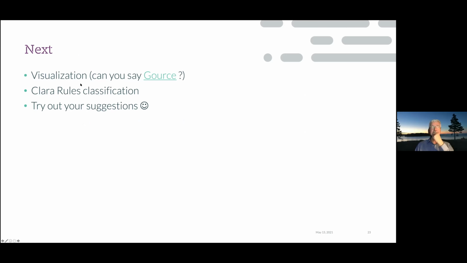Some things I want to look at doing next with this. One is I would really love to get more visualization going on here, and we alluded to that a little bit in the discussion of doing diffs or other ways to look at sequences or time sequences.